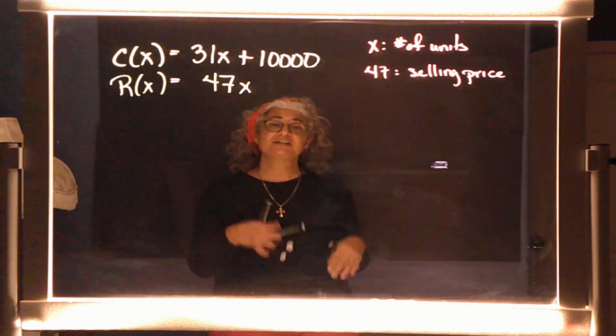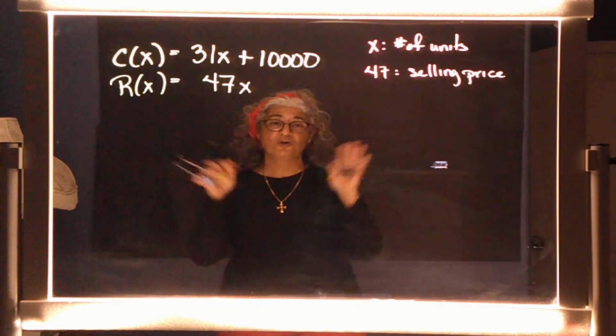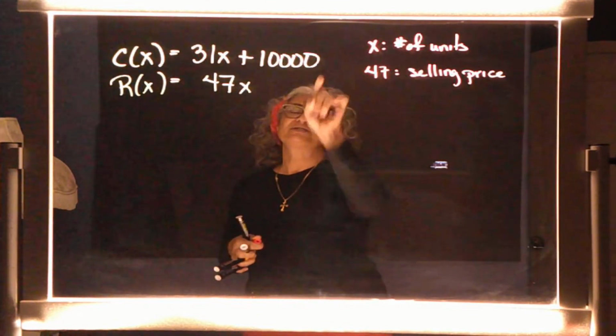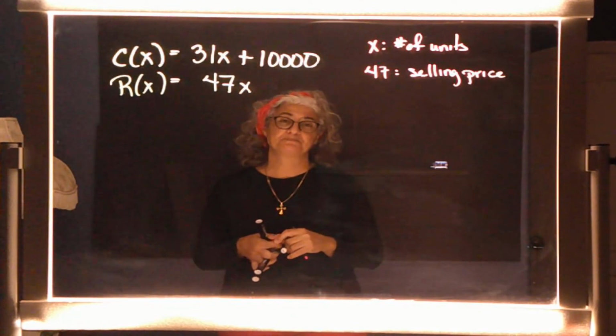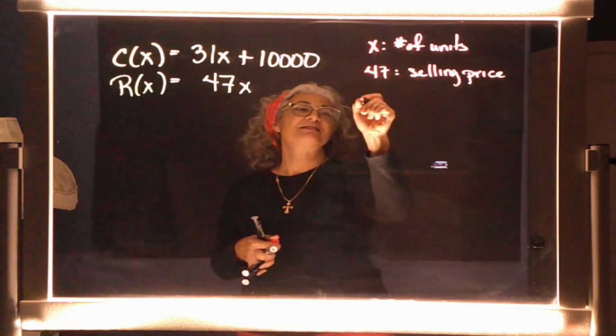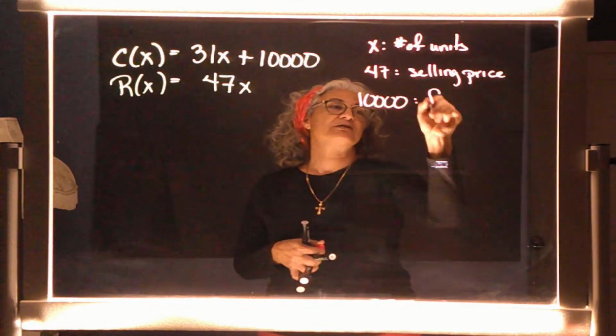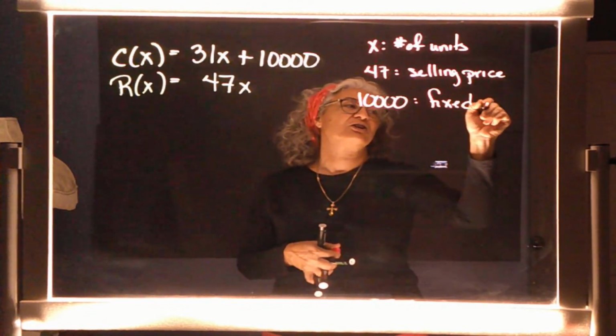The manufacturing facility, right, where all these widgets are made. This $10,000 represents something. And this 10,000, and yes it is dollars, represents what's known as a fixed cost.